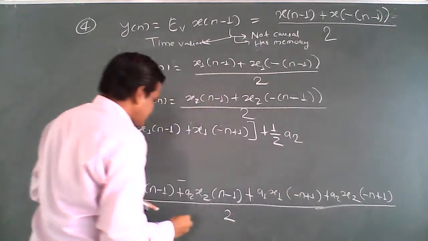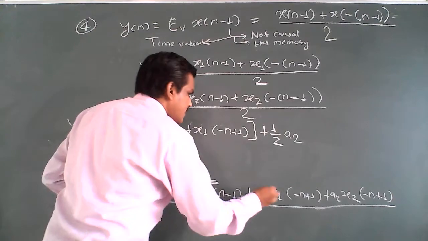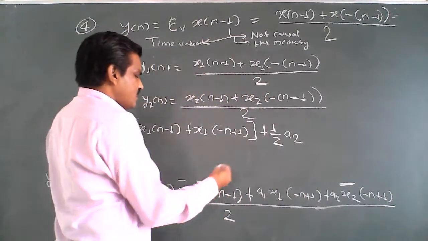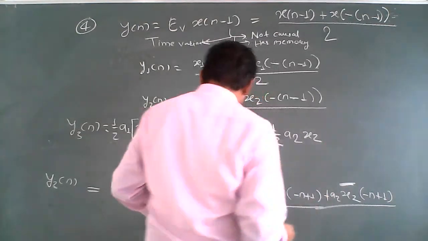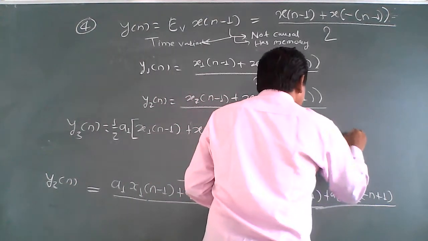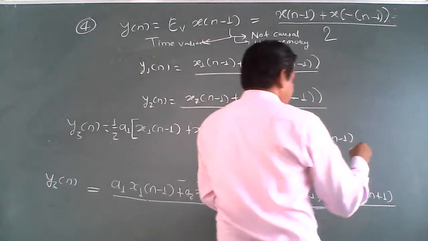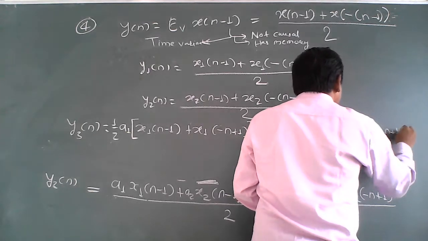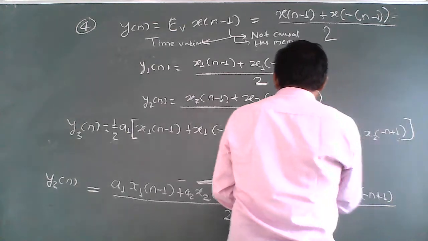Now from these two equations, this is an a2 term and this is also an a2 term, so I have taken a2 and 1 by 2 as common: x2 of n minus 1 plus x2 of minus n plus 1.